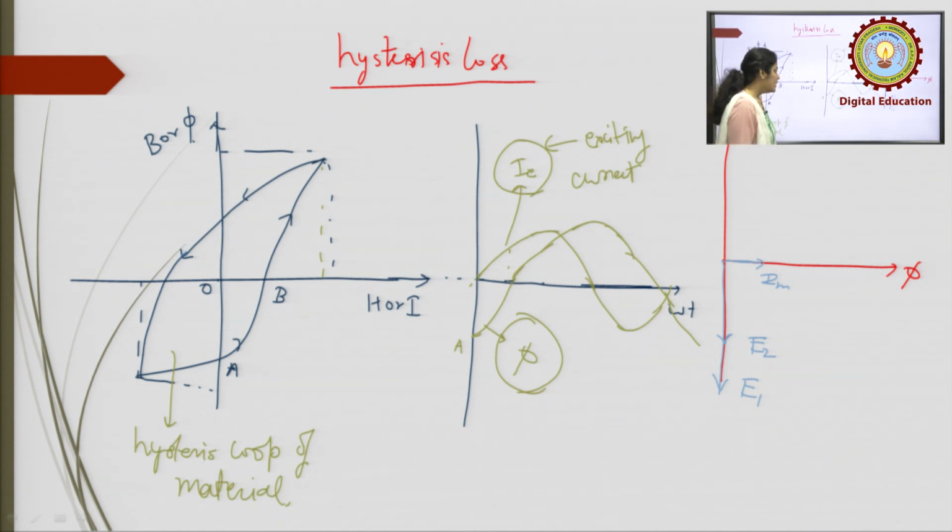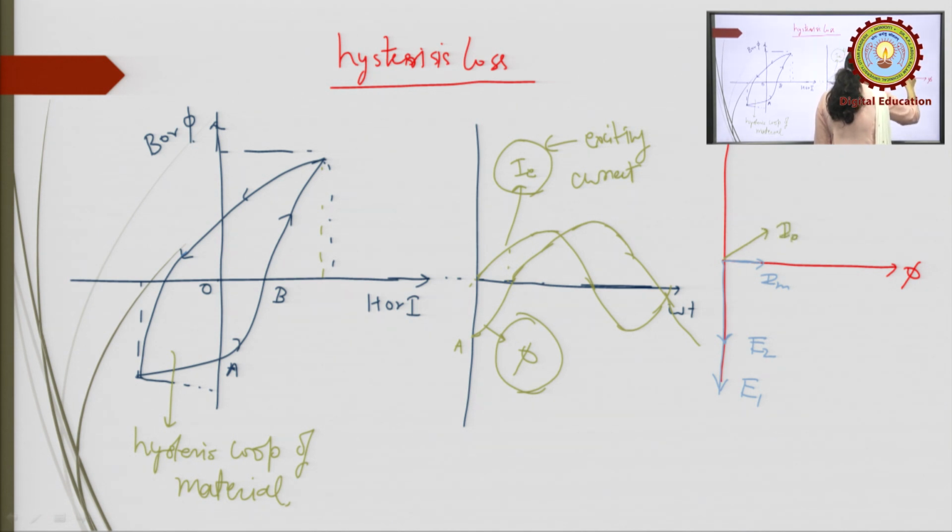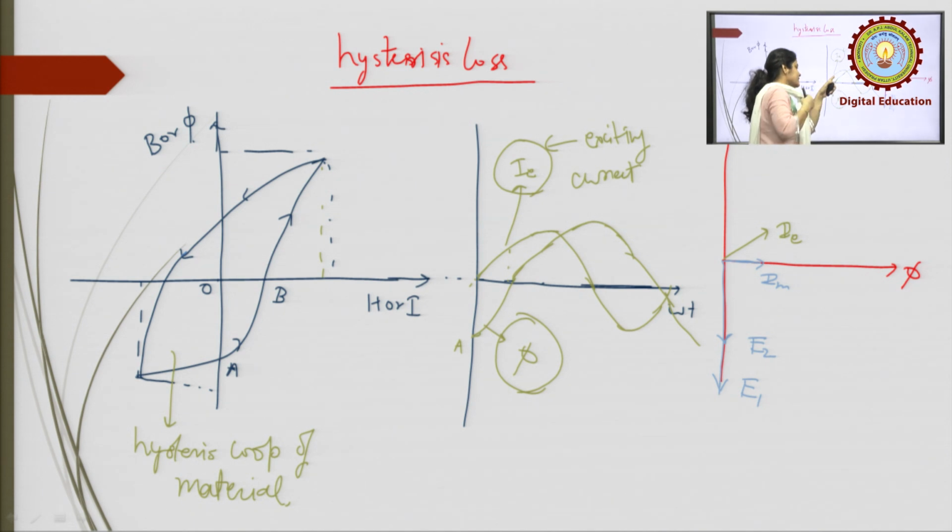So in the phasor diagram, you can draw the current like this. In the ideal case, only the magnetizing current is there and it is in the same phase with the flux. But due to the presence of the hysteresis loss, the BH curve is not linear, it has this kind of loop. Due to this loop, the current is displaced from the flux, so the core loss is incorporated in the phasor diagram.